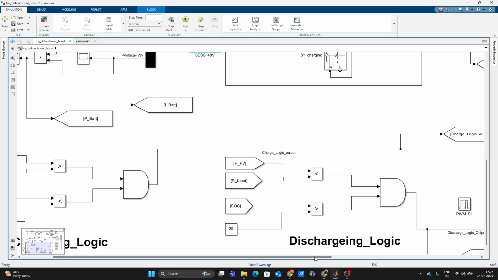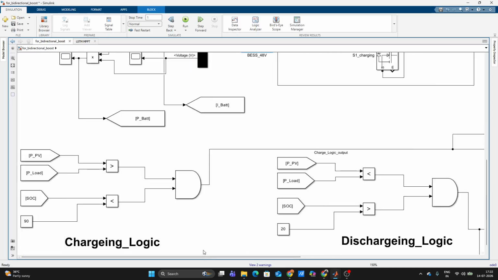Let me show you. This is the charging logic. At first it will compare whether PV is greater than P load, meaning solar is generating more power than the load demand. At that condition, an AND gate checks whether the state of charge of the battery is less than 90.